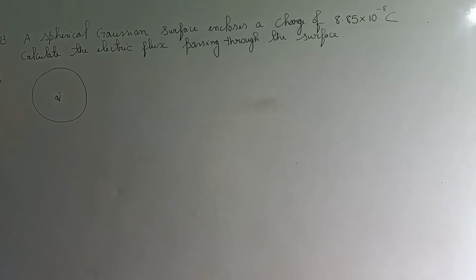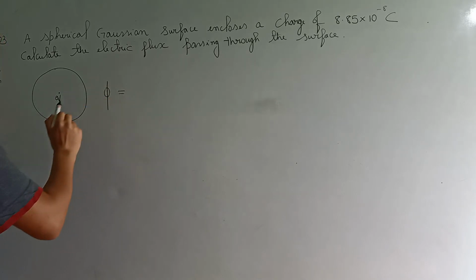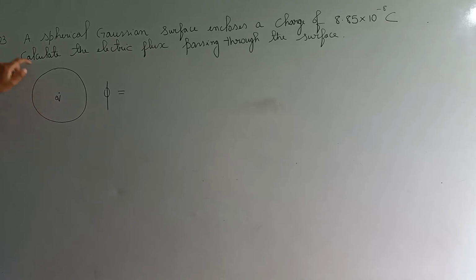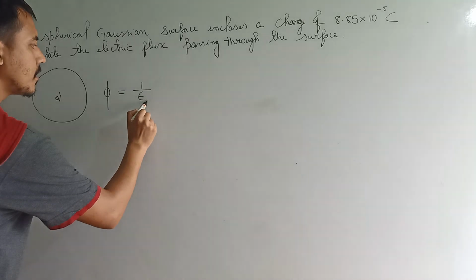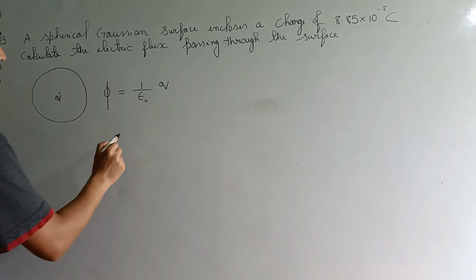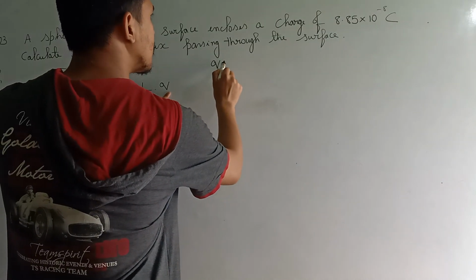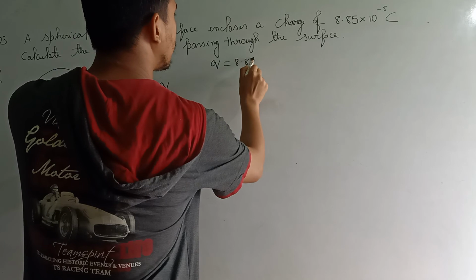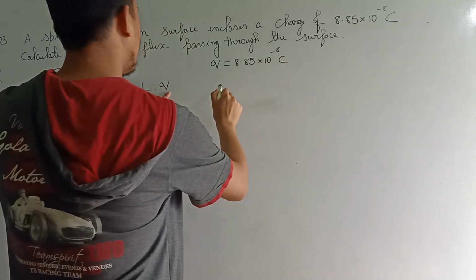From the definition of Gauss law, we know that the electric flux through any closed surface enclosing a charge is given by 1 by epsilon naught times the charge enclosed, right? Here the magnitude of the charge is given to be 8.85 into 10 to the power minus 8 coulomb.